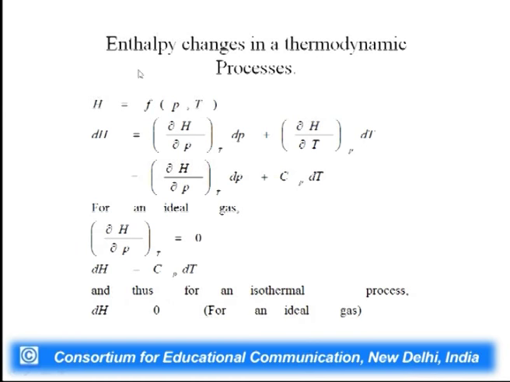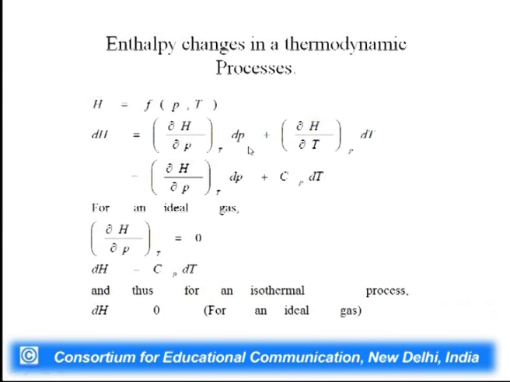Enthalpy changes in an isothermal process. H is a function of P and T. So, dH is (∂H/∂P) at constant T dP plus (∂H/∂T) at constant P dT, that is, (∂H/∂P) at constant T dP plus Cp dT. For an ideal gas, we know (∂H/∂P) at constant T is equal to 0.